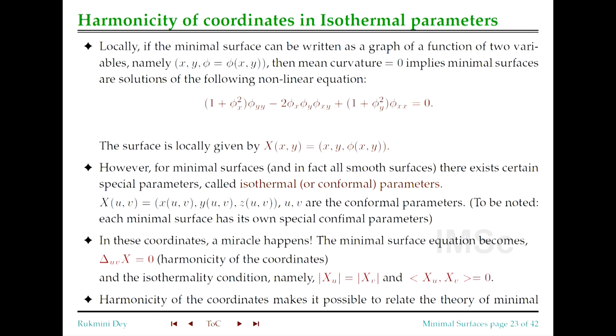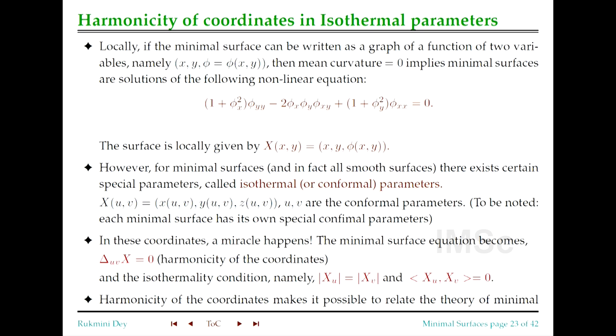It's a complicated PDE, but the nice thing is that in isothermal or conformal parameters, if you choose your u, v properly, you can write it as x(u,v), y(u,v), z(u,v), and in these coordinates the equation just becomes the Laplacian of x equals 0.